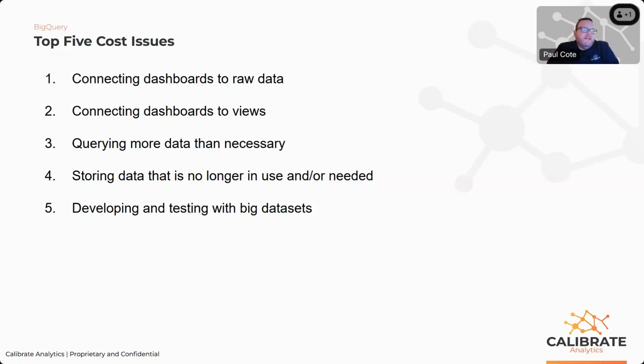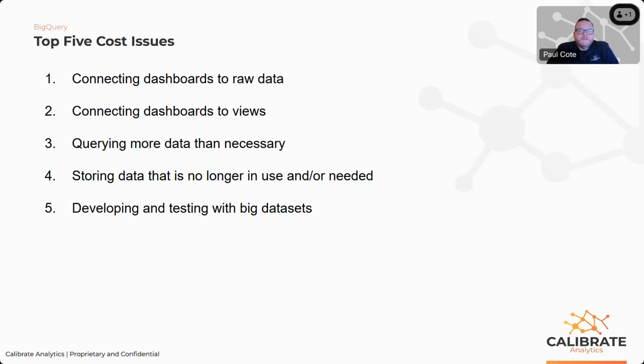Last is going to be developing and testing with big data sets. We typically recommend, if you're going to be architecting something new, don't do that with the full data. Get yourself a sample of that data and its schema, enough to be able to accomplish all the different sorts of things you're going to want to do at scale.